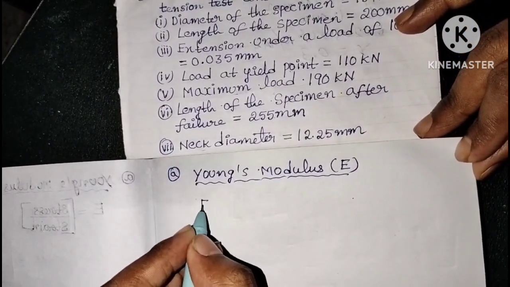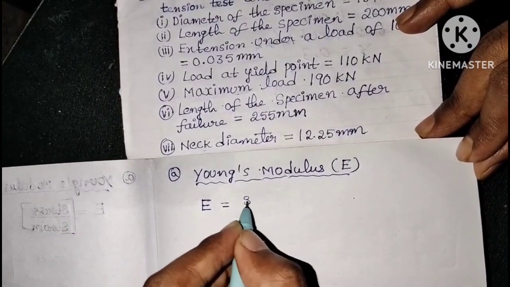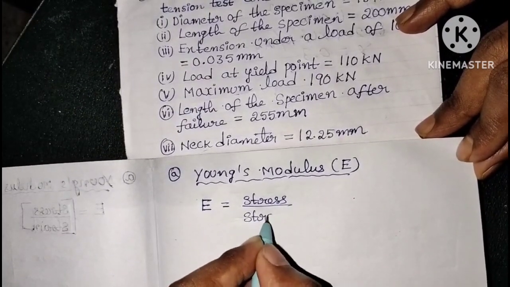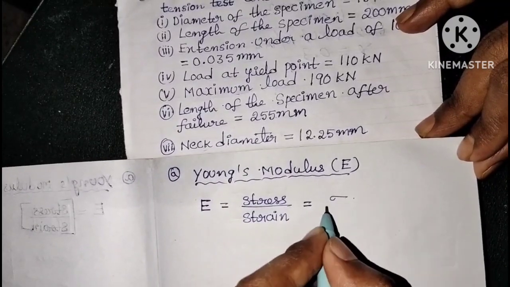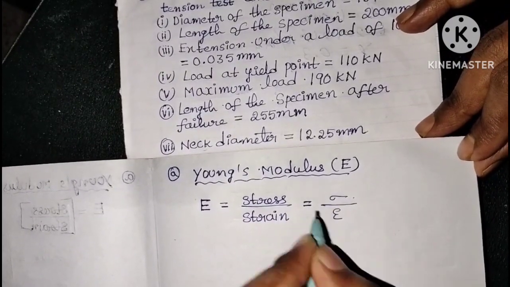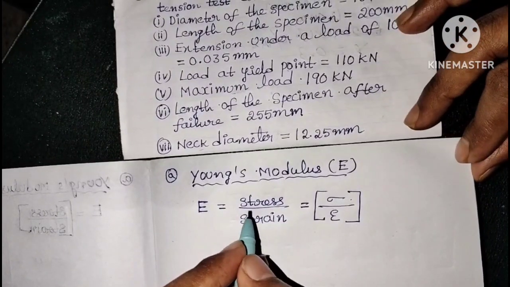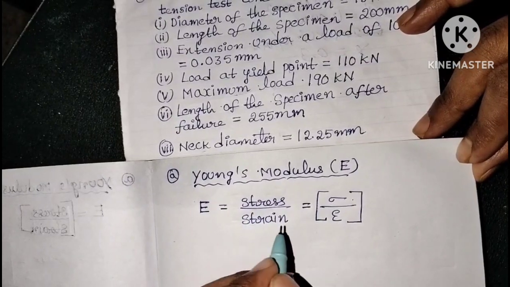According to Hooke's stress-strain theory, Young's modulus is equal to stress by strain. Stress is denoted by sigma and strain by epsilon. More generally, Young's modulus is equal to normal stress by normal strain.